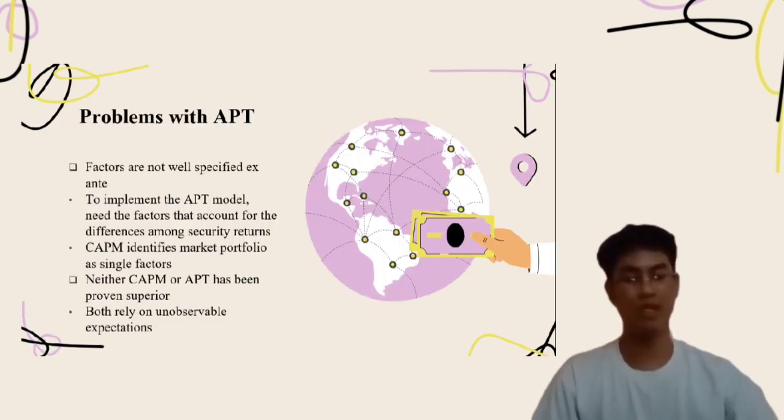The problem with arbitrage pricing theory is that to implement this model, we need the factors that account for the differences among security returns and it relies on unobservable expectations, same as the capital asset pricing model. Yun po yung problem sa APT.